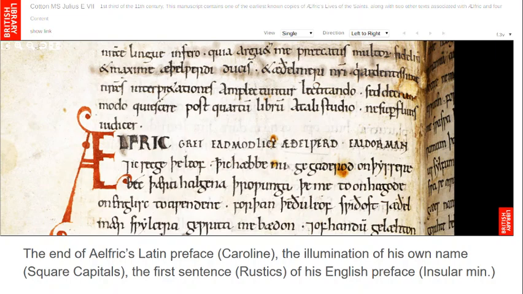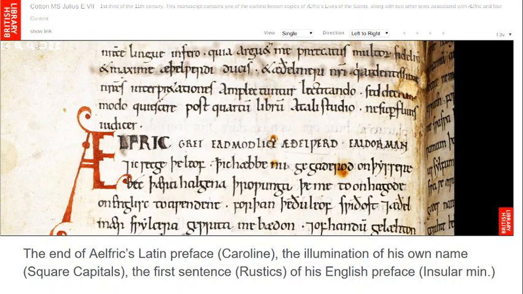So, Alfred gret modliche Athelwerd Elderman. So that is sort of crude rustic capitals, but then right below it changes and it goes into insular, and this one is insular rounded minuscule. Wait, no, it's insular square minuscule.